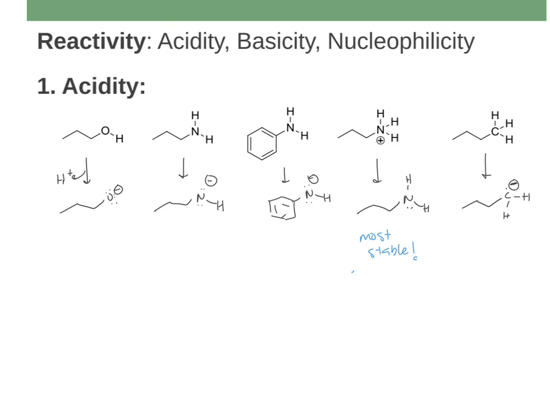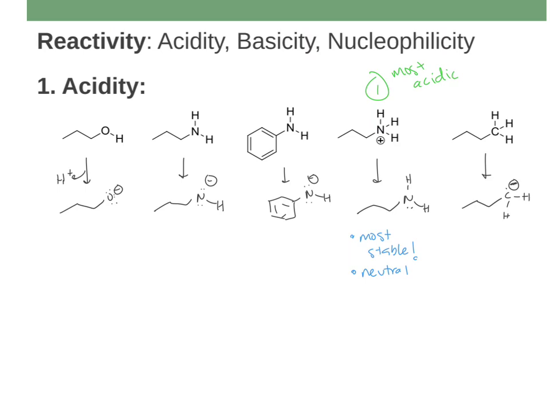So I'm going to give that my number 1. That should be the most acidic, because it's just going to go from something charged to being something neutral. That's generally favorable in terms of stability.